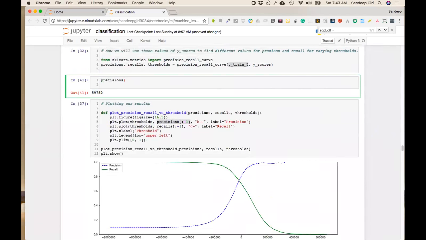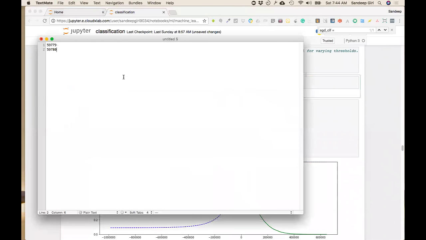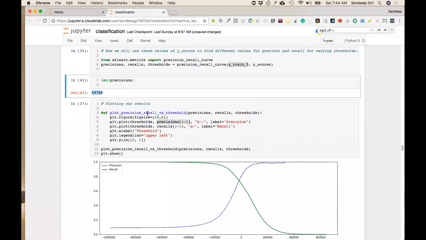And I'm just wondering why it is short. So it has removed one last value probably. And why would it do that? I think it has removed one value, the value where it was strictly 1. But it wouldn't make much of a difference even if we do this.